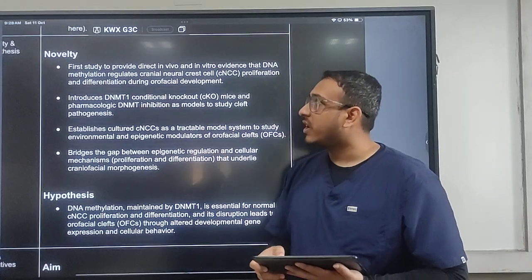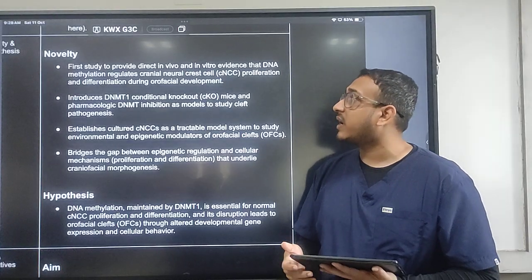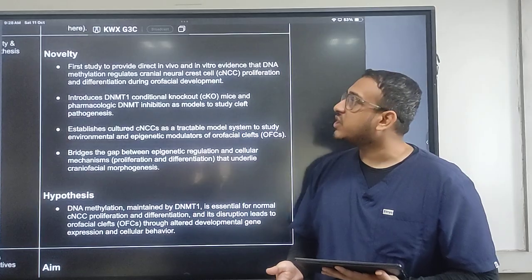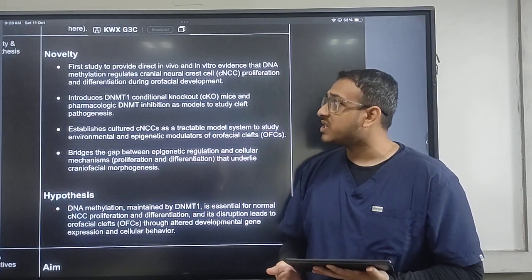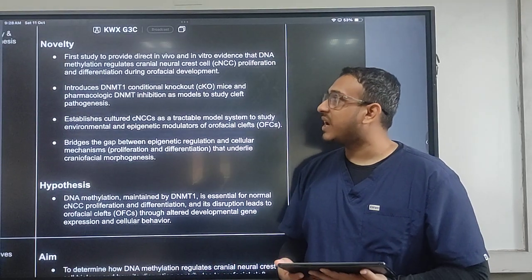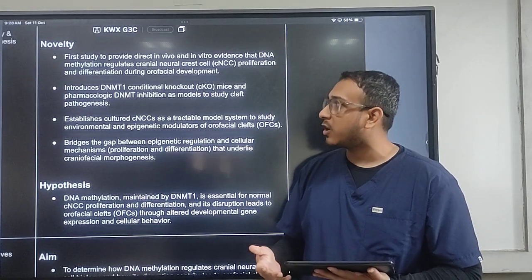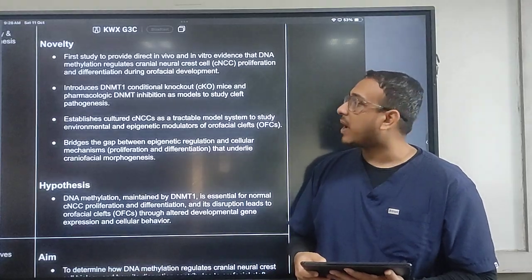So, coming to the novelty of this study, this is the first study to provide direct in vivo and in vitro evidence that DNA methylation regulates craniofacial neural crest cell proliferation and differentiation during orofacial development. It introduces DNMT1 conditional knockout mice and pharmacologic DNMT inhibition as models to study cleft pathogenesis.